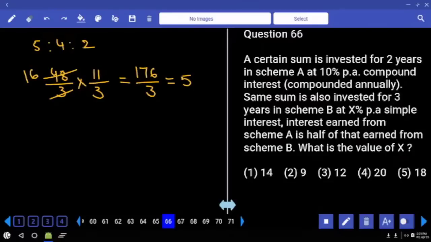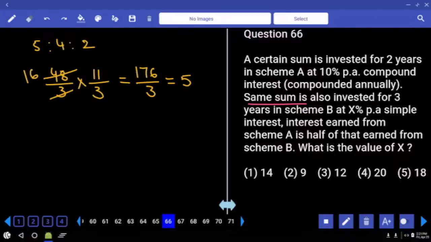A certain sum is invested for 2 years in scheme A at 10% per annum compound interest compounded annually. The same sum, underline the condition, it is important, same sum, principals in both schemes are the same, is also invested for 3 years in scheme B at x% per annum simple interest.